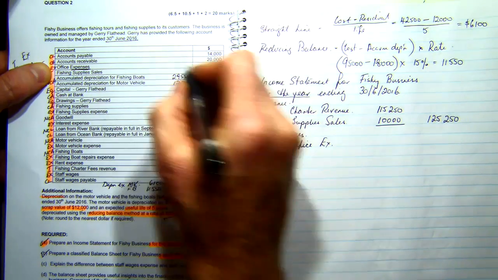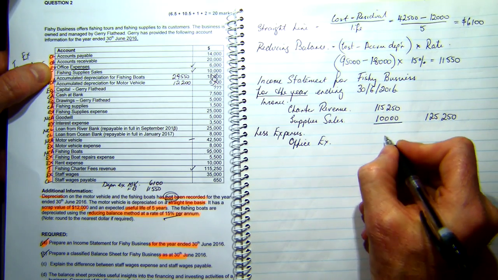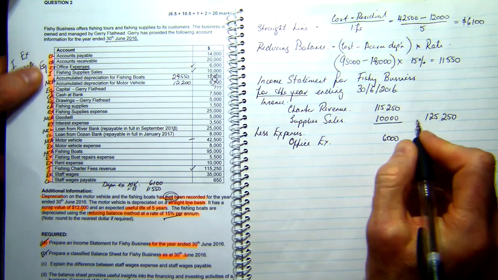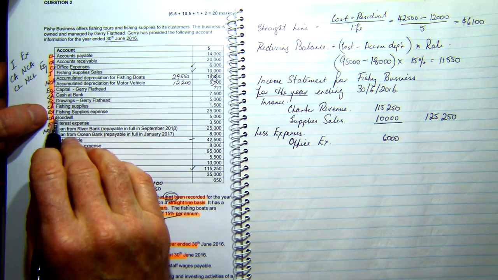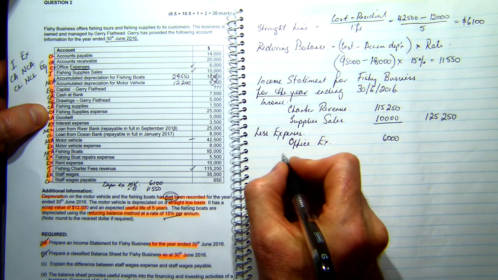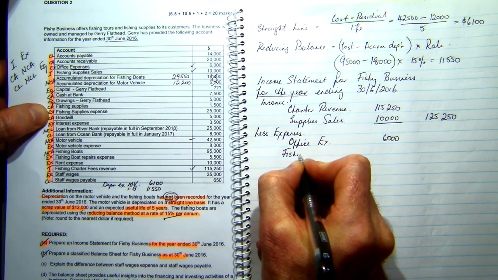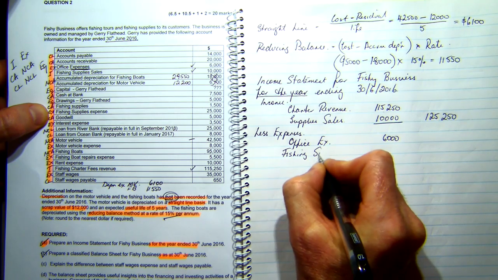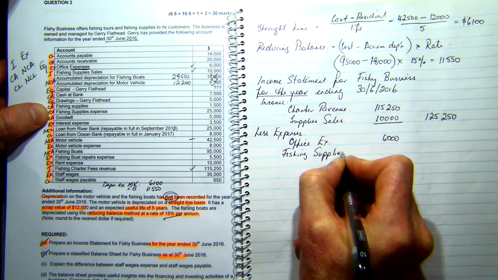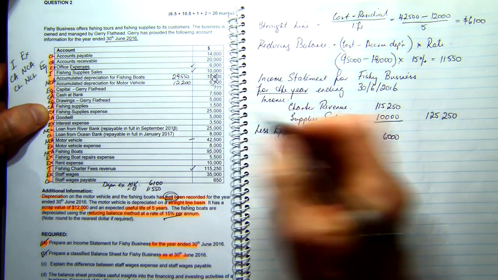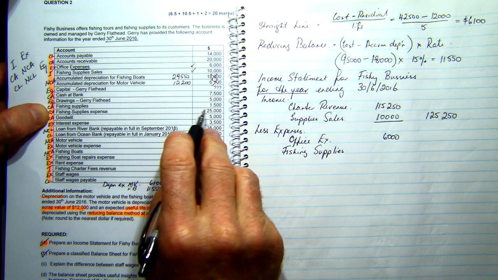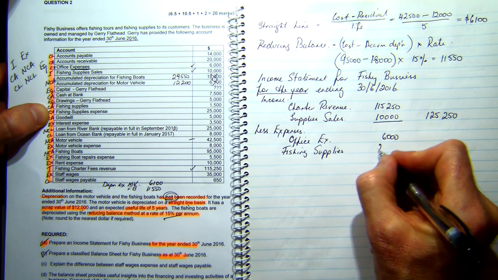Office expense, 6,000. Fishing supplies expense. Fishing supplies of 25,000.